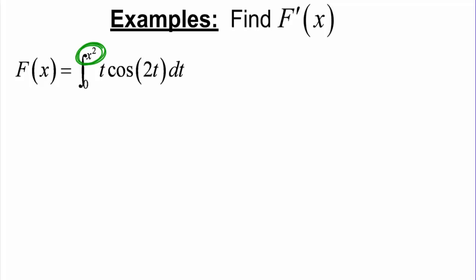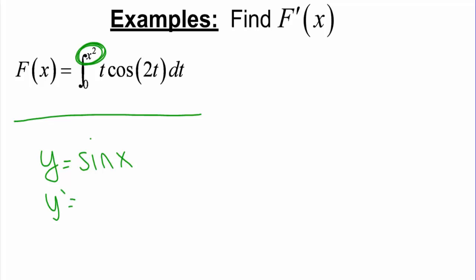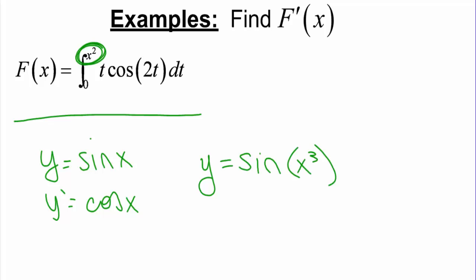What do you have to do with a regular function if something is supposed to be x but it's not? Say you had y equals sine of x, and you know how to take the derivative of that, right? What is it? So y prime here is cosine x. Now what if I change the x? What if I say y was sine of x to the third? Now what would you do? Chain rule. So you're still going to get the derivative of the sine part, which was cosine.